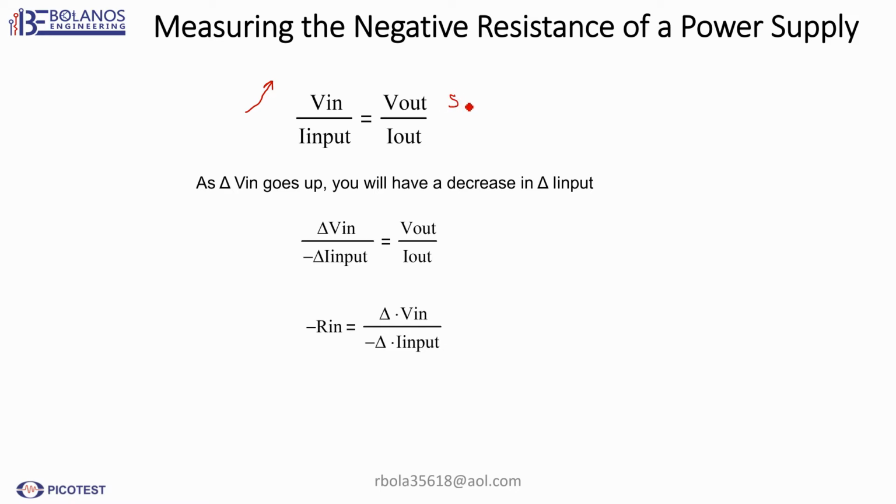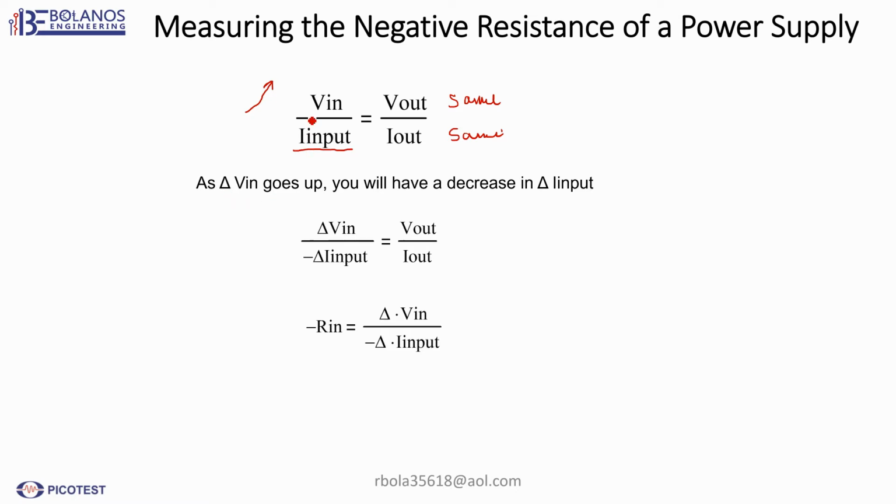Now that I made that statement, we can say that V in and I in are going to be the same as V out and I out, again because this is constant power.